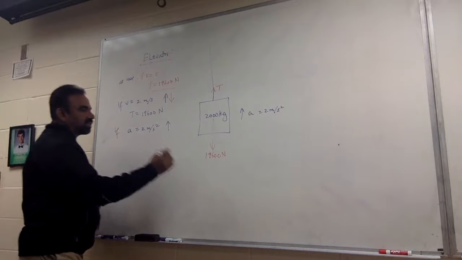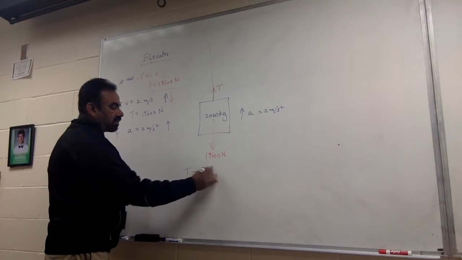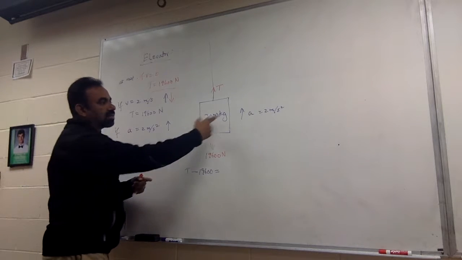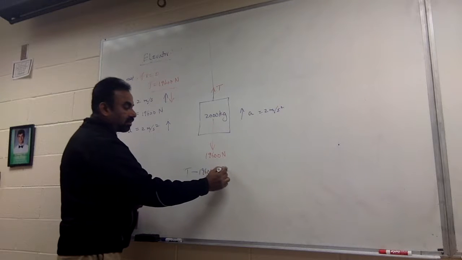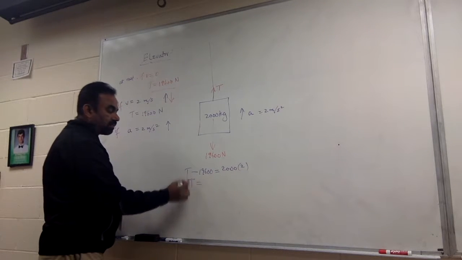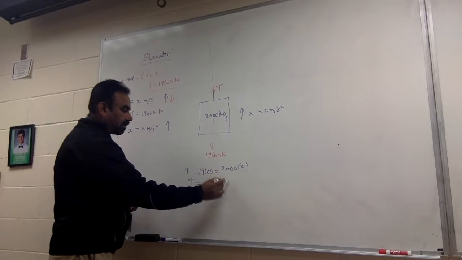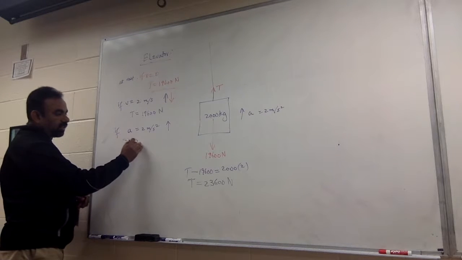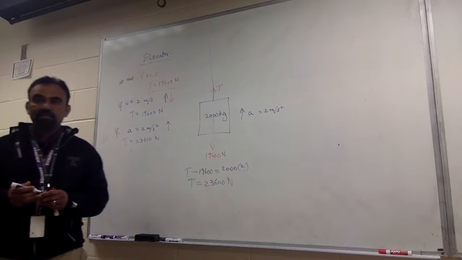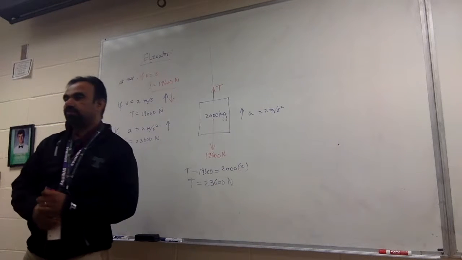So you write the equation: tension minus 19,600 is equal to MA, 2,000 times 2. So tension is how much? So the tension is actually 23,600 newtons, bigger than the weight. Obviously it has to be bigger in order to create that acceleration.